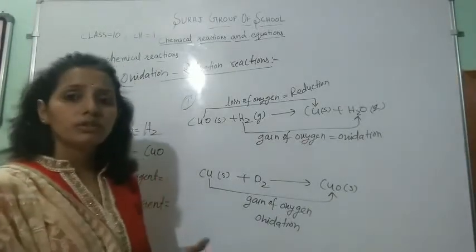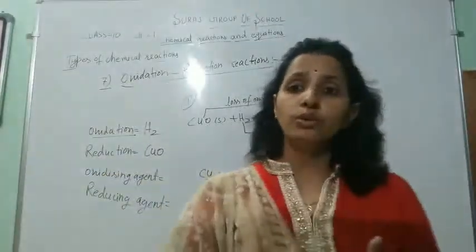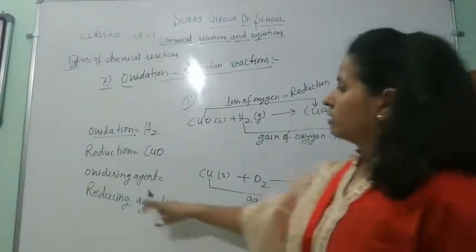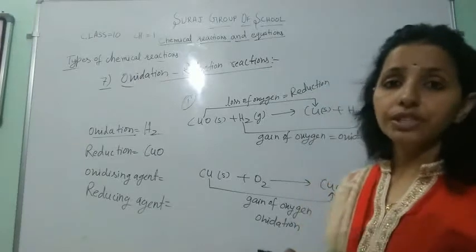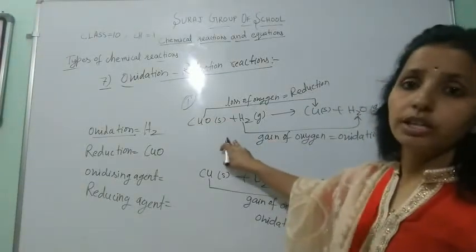Now we discuss the two terms, oxidizing agent and reducing agent. These are two terms which are complicated and easy also. Oxidizing agents are those compounds or substances which help to give oxygen.